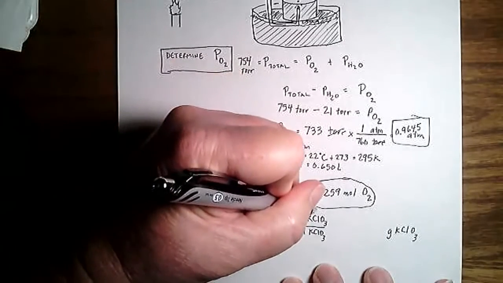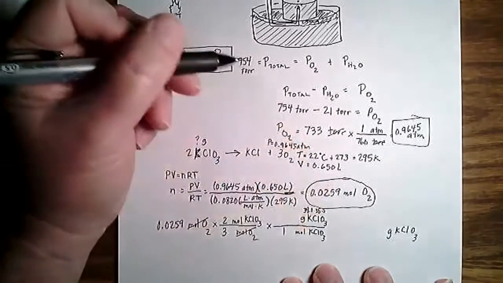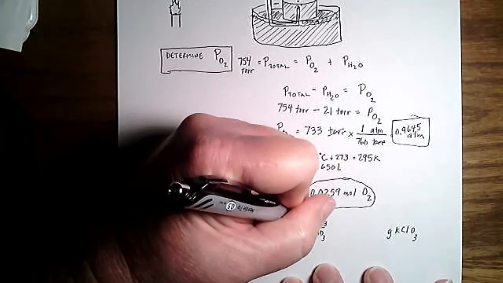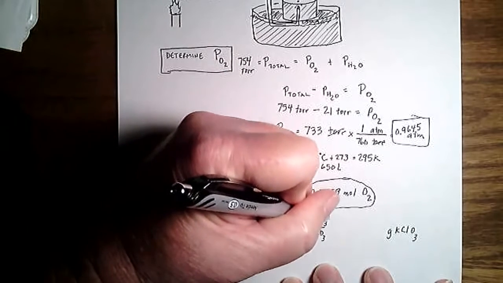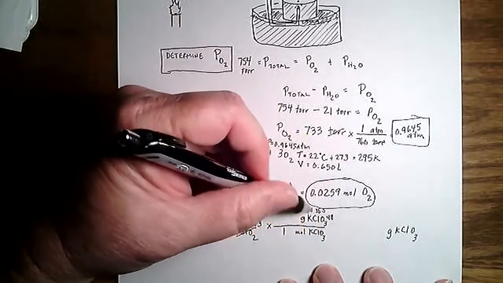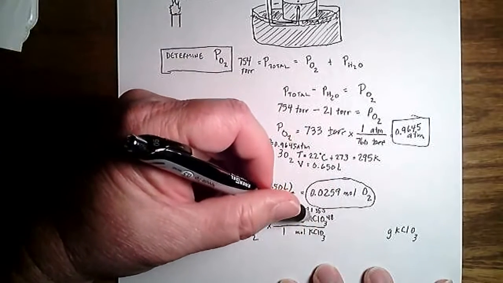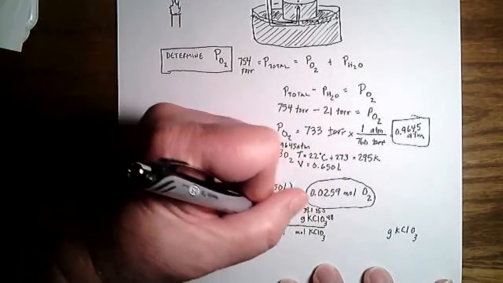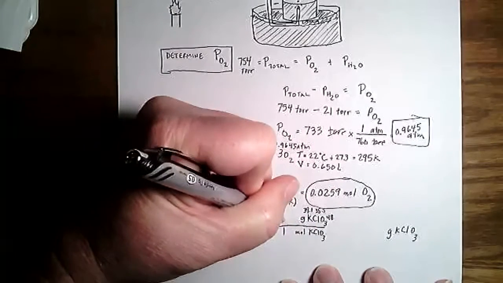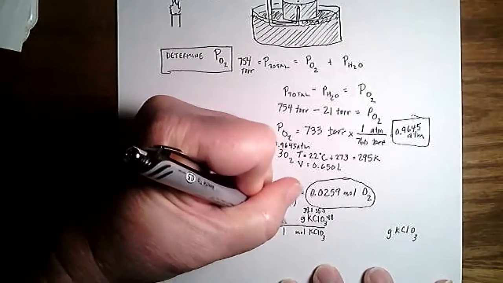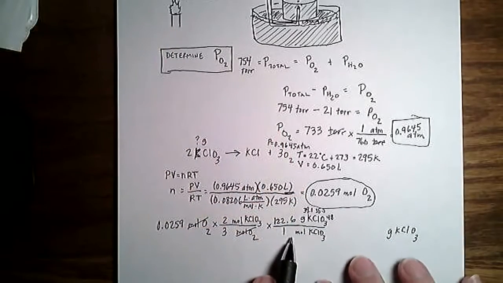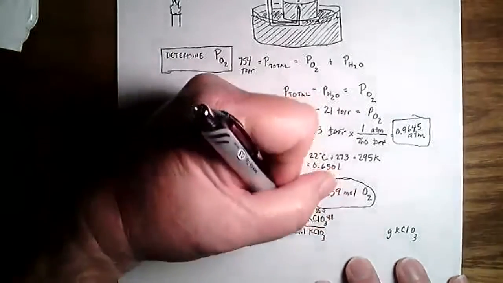The chlorine is 35.5. And the oxygen is 16 apiece times 3. 16 times 3 should be 48. If I add all of those together, I get the molar mass of potassium chlorate, which when I did it came out to 122.6 grams per mole.